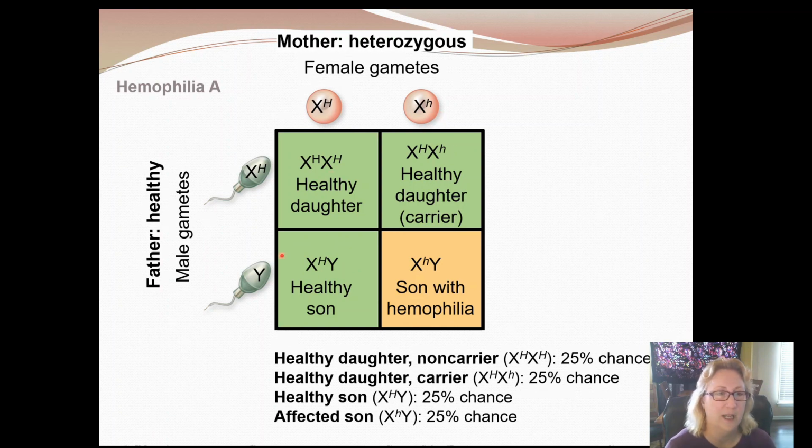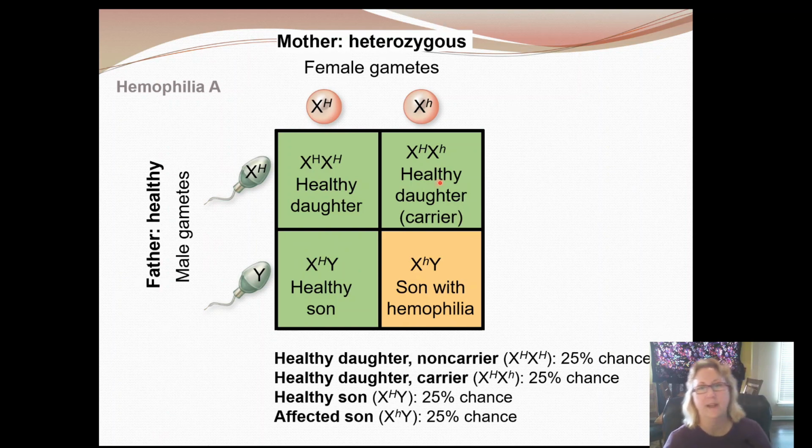Your blood will clot normally. Here is a male who is unaffected. So in this case, 50% of the boys are going to get mom's chromosome with the hemophilia allele, and they will have hemophilia. The daughters who get that allele will not have hemophilia because they got the good copy as well from their dad. So they will be carriers, not affected.